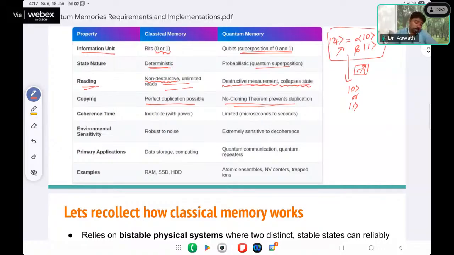Okay, there is something called coherence time. Any memory, if you take, comes with its own lifetime, beyond which I can't do anything. It loses its coherence. When I say coherence, it means synchronization. Let's say 10 dancers are dancing on a stage in the same fashion.